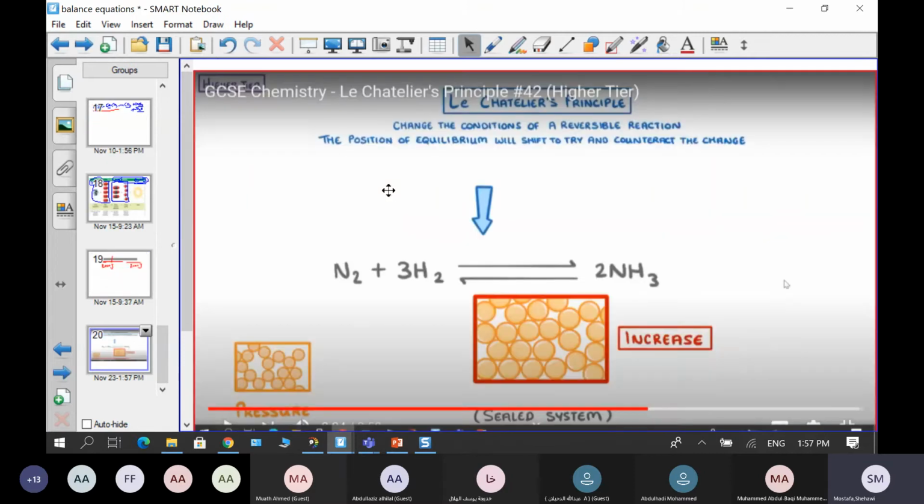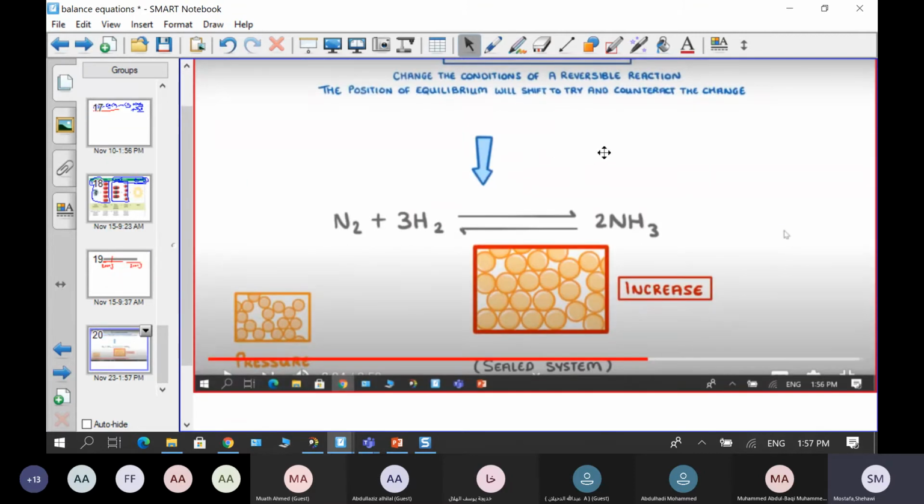Now let's add this one here, and let me show you. We have here 1 mole, we didn't write 1 mole, we have 1 here and we have 3 here. So the number of moles on this left side is 4 moles. And on this side we have only this number here, which is 2, so we have 2 moles.